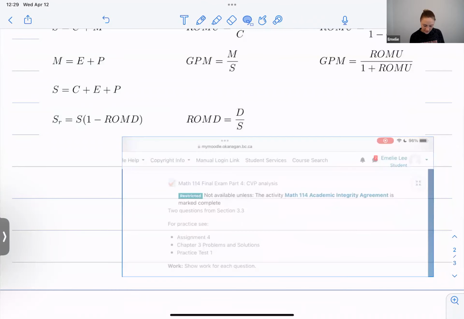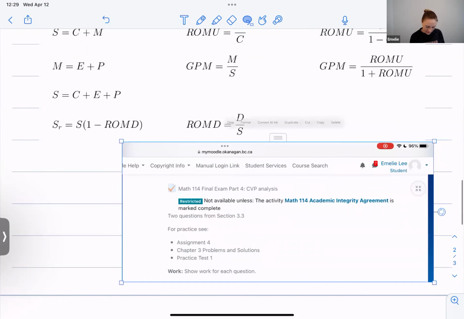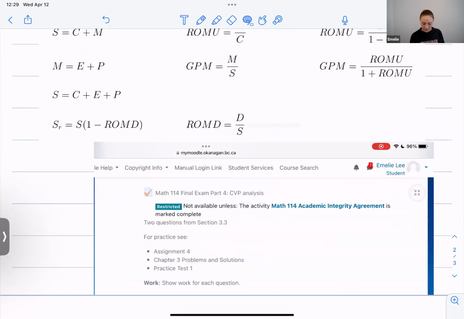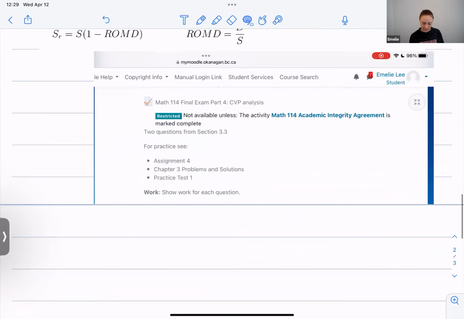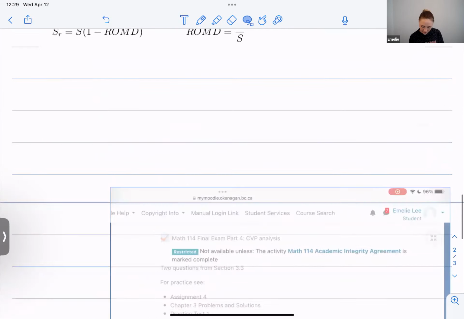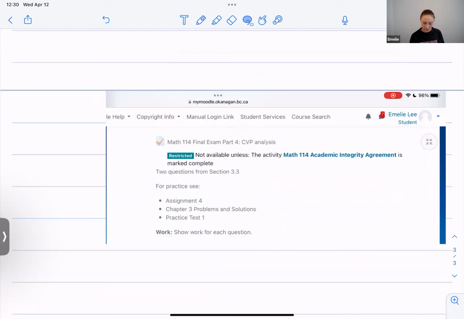Part 4 is CVP analysis, which probably rings a bell. You know what? It can go on its own page. Why not? We're rich with pages here. All right.